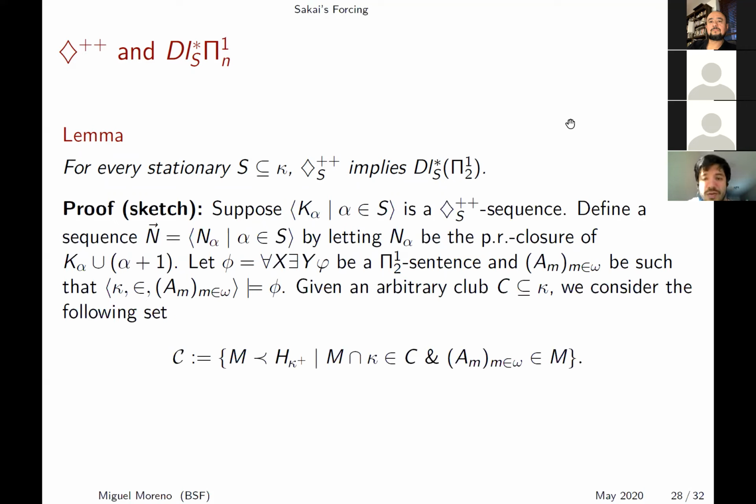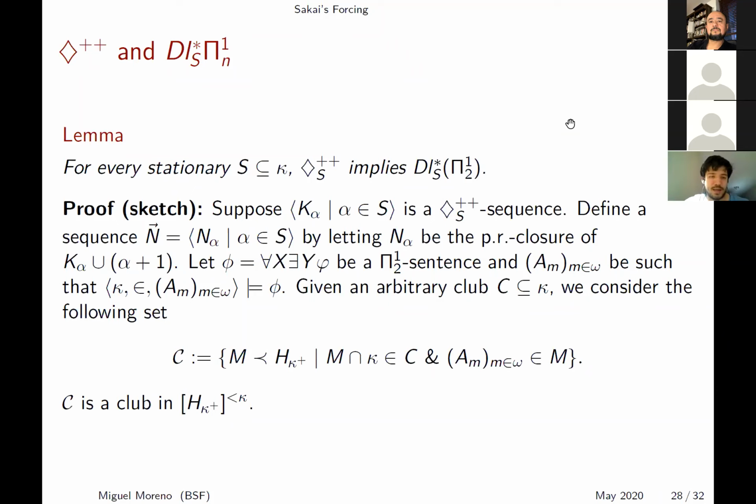Now given an arbitrary club C, take the set of M's that are elementary substructures of H_kappa, so that M intersected kappa is an element of the club C, and the predicates are in M. The good thing is that this new fancy C is a club in the small sets of H_kappa plus.